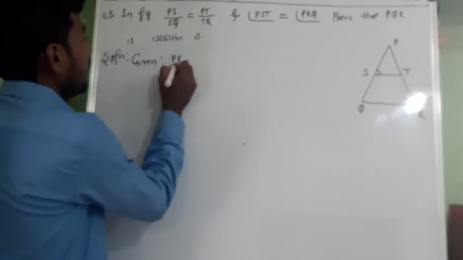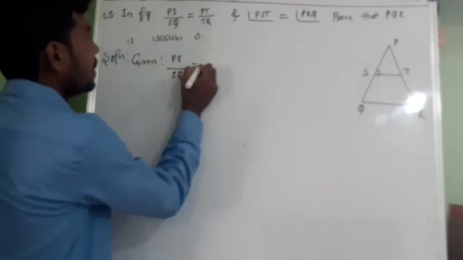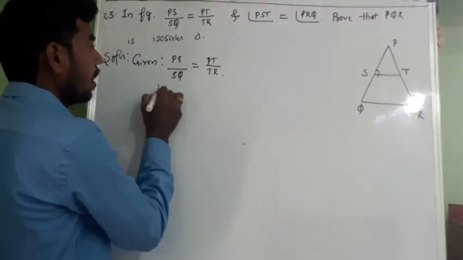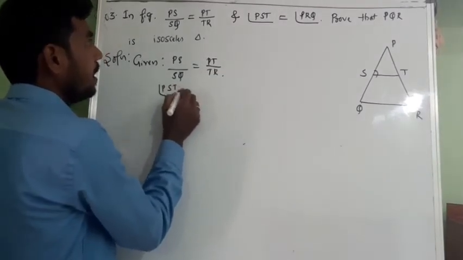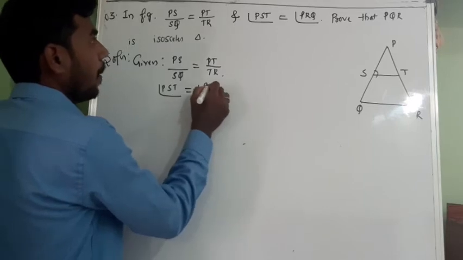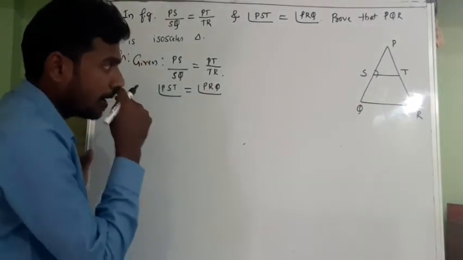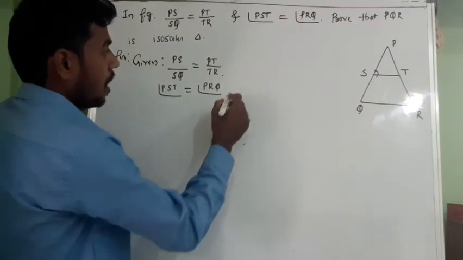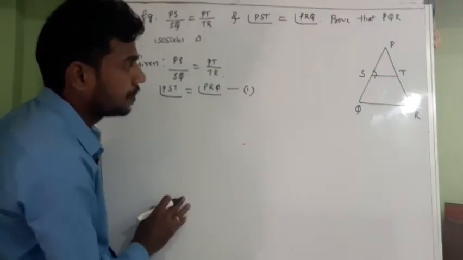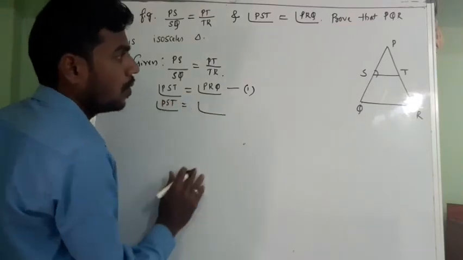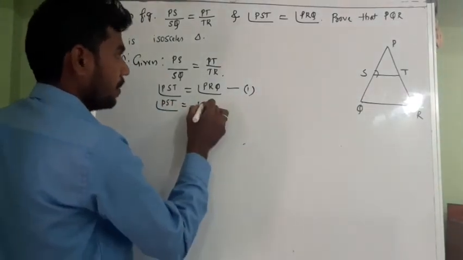See now, what is given? PS by SQ is equal to PT by TR, and they have also given angle PST is equal to angle PRQ. I'll call it equation 1. And I'll write PST is equal to angle PQR.